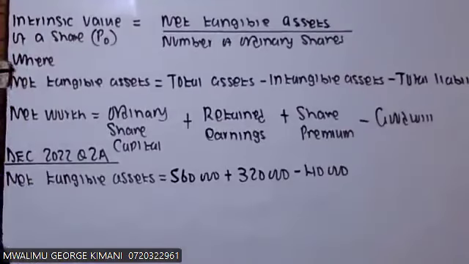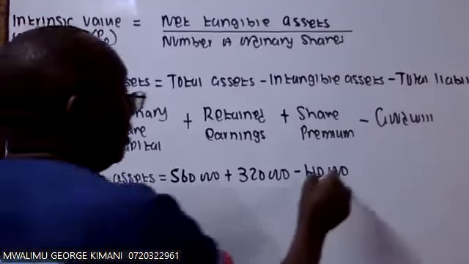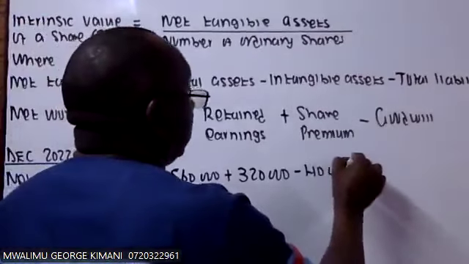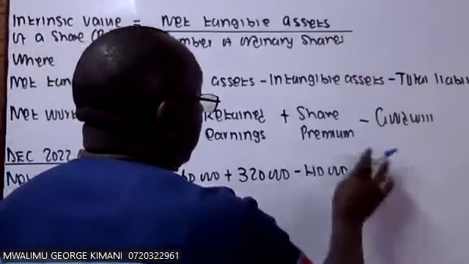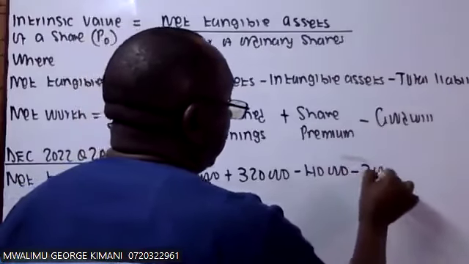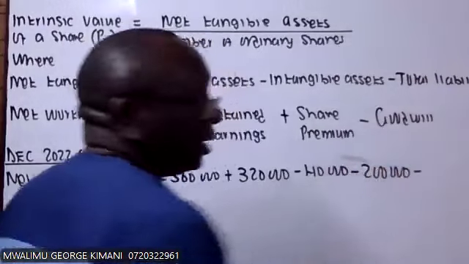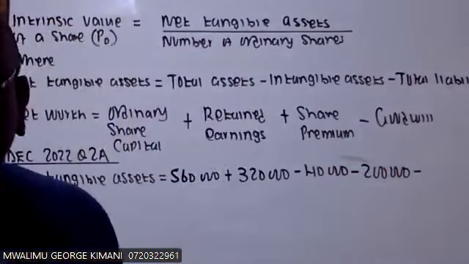Then you minus total liabilities. The current liabilities are 200.